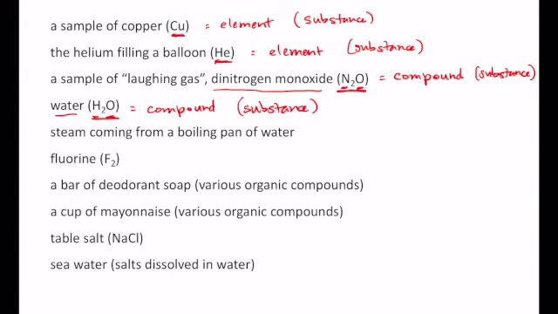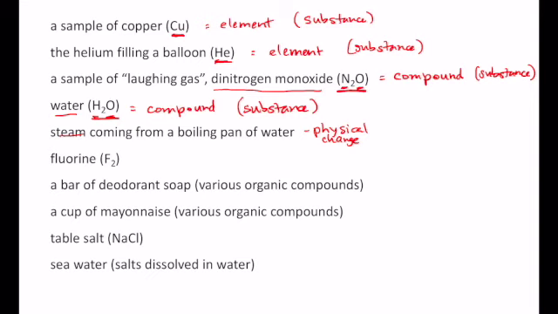If you have steam coming from a boiling pan of water, okay, so water boils, it produces steam. That is not a chemical reaction. That's a physical change. Why? Because in a chemical reaction, you have to have bonds broken and new bonds formed, and this is not what's going on.